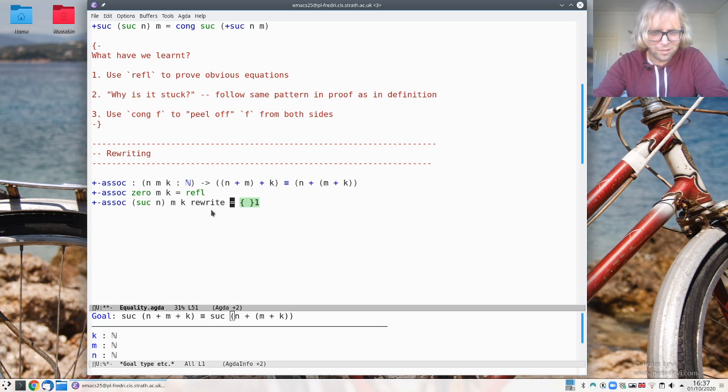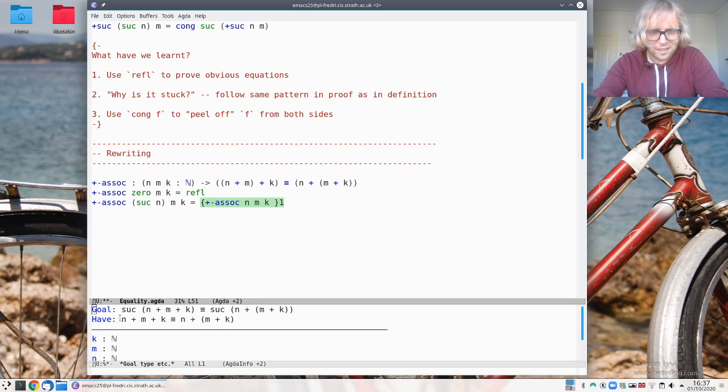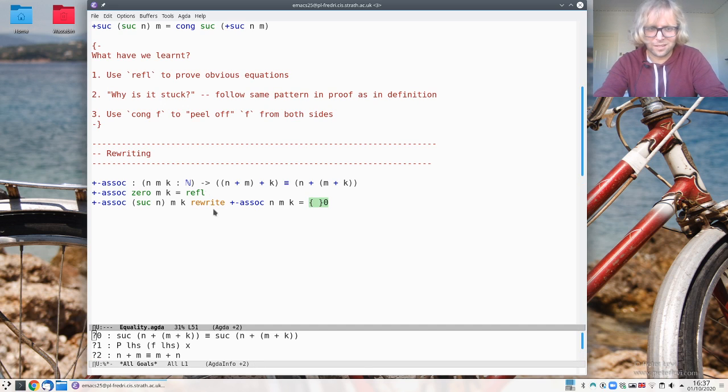So if we do a recursive call, so let me delete the rewrite for now. So if I do a recursive call on n, m, k, then I see that that's going to fix the thing inside the suck, so I can rewrite by that. And I reload the file, so I write rewrite, and then the proof that I want to rewrite by, and I see what happened.